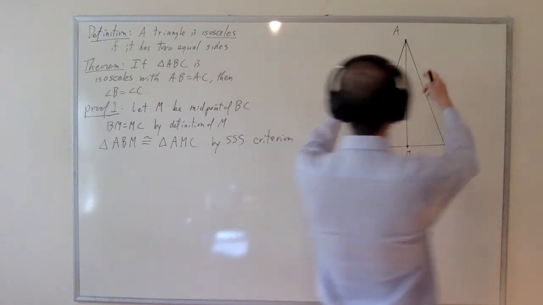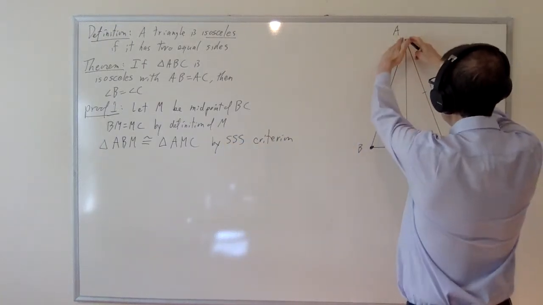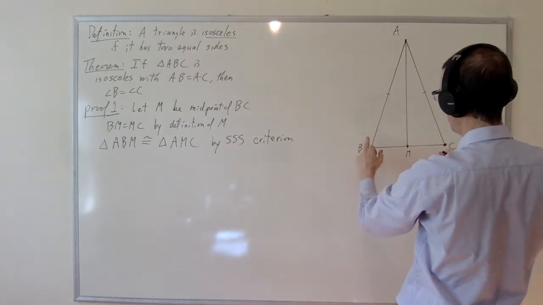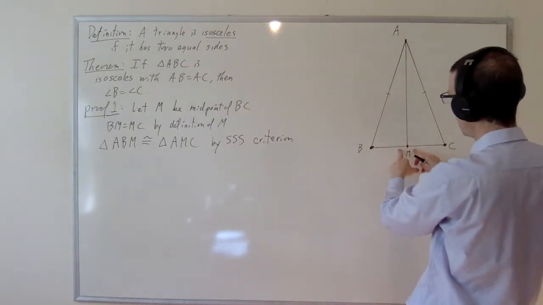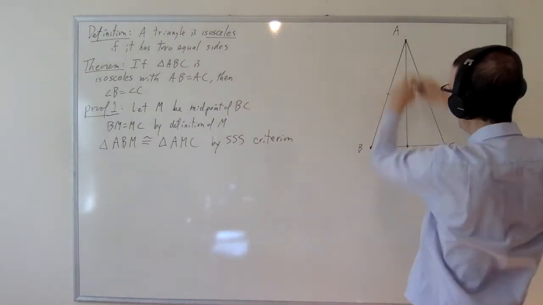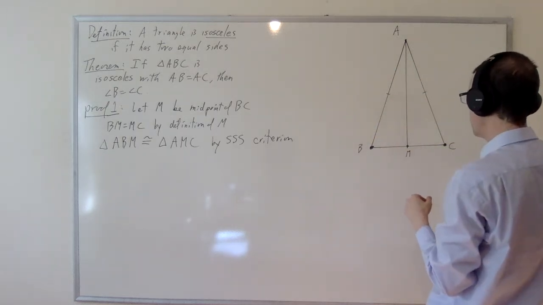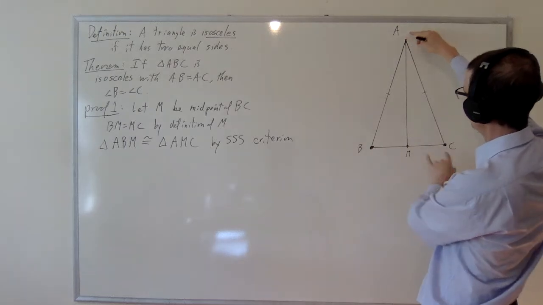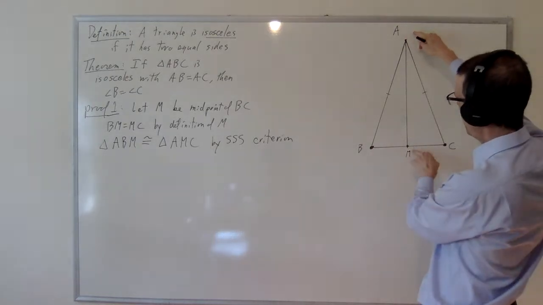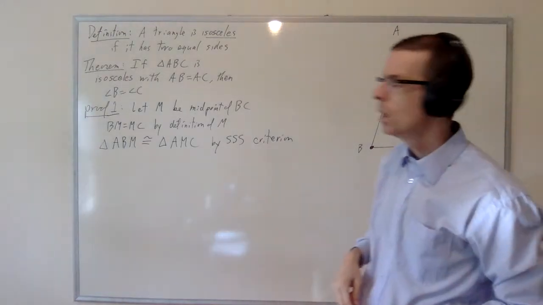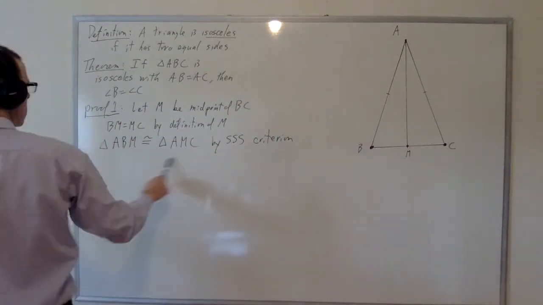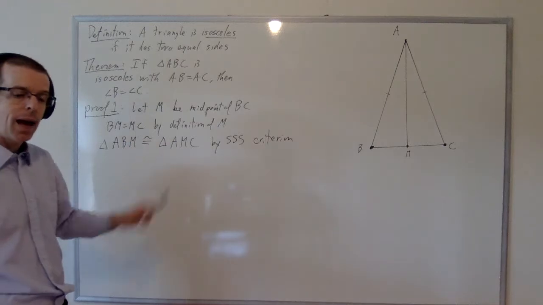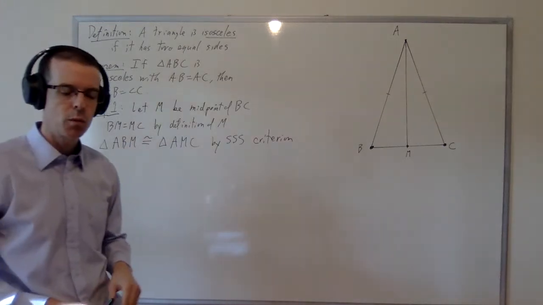Now, in this situation, AB and AC are equal to each other. BM and CM are equal to each other, and MA and MA are equal to each other. A corresponds to A as we switch these triangles, C corresponds to B, and M corresponds to M. That means that when we phrase the triangle congruence, we need to order the vertices to make that happen. And here I've intentionally ordered them wrong.